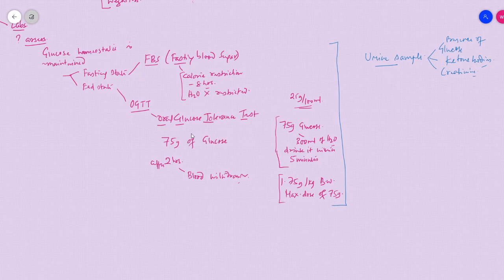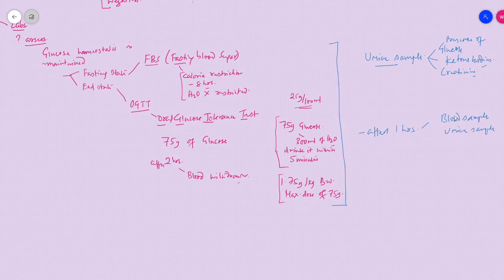And during the glucose tolerance test, we had to collect it after 2 hours, but we can also collect it at 1 hour. After 1 hour also, we take the blood sample, and we also take the urine sample.